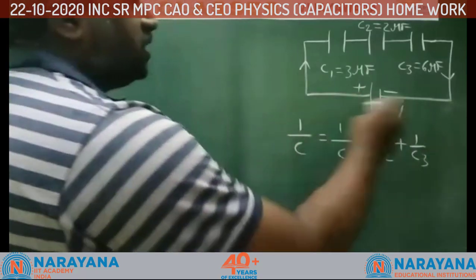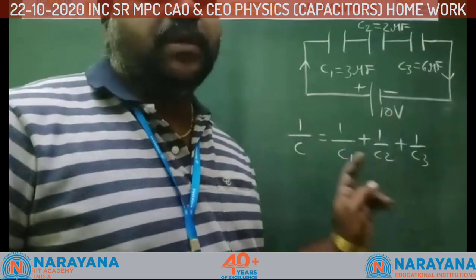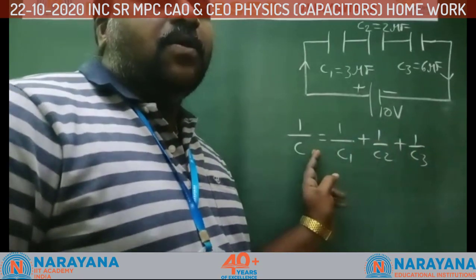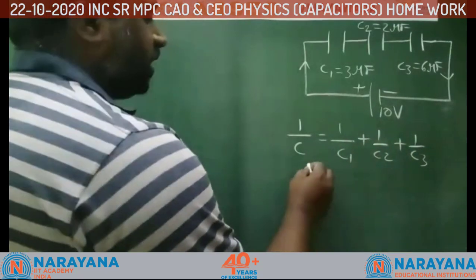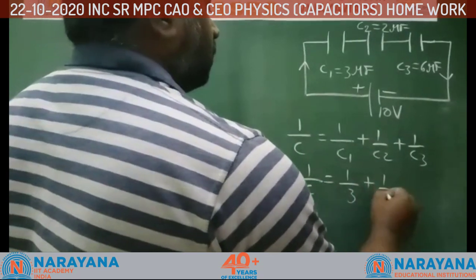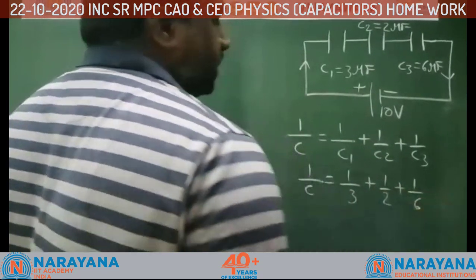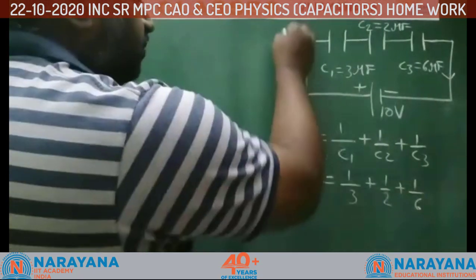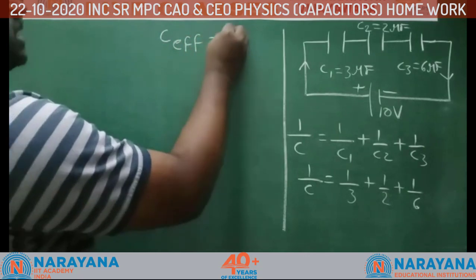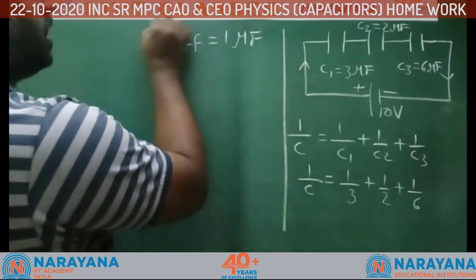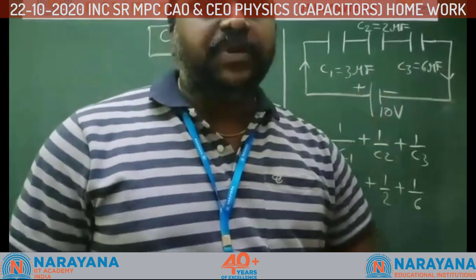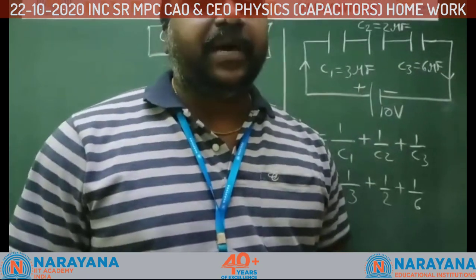Since these are arranged in series, we have to adopt this equation to get the effective capacitance. So 1 by C is equal to 1 by 3 plus 1 by 2 plus 1 by 6. If you calculate this, you will get the effective capacitance as 1 microfarad only.